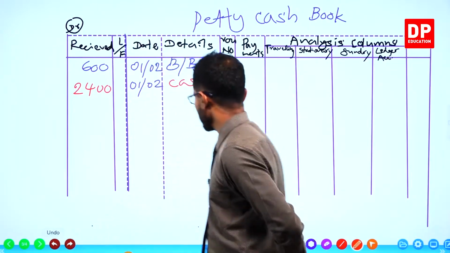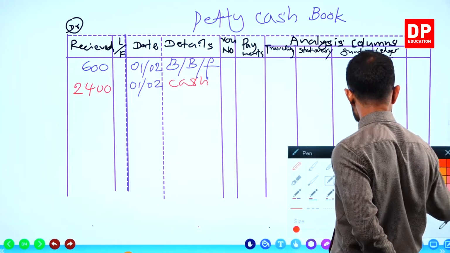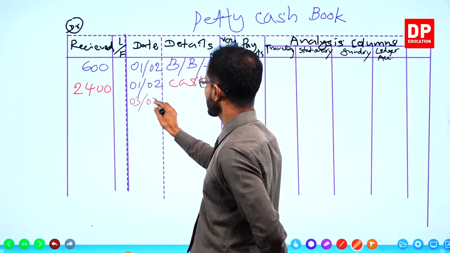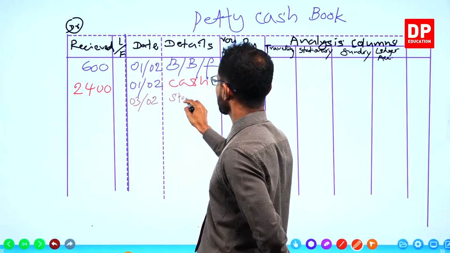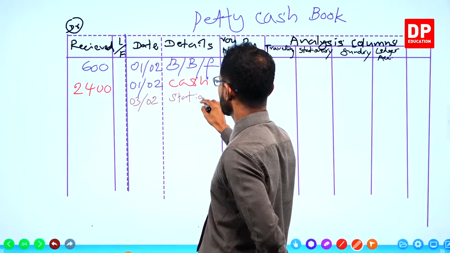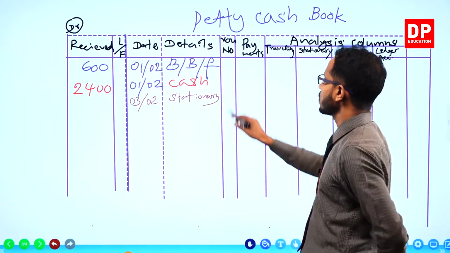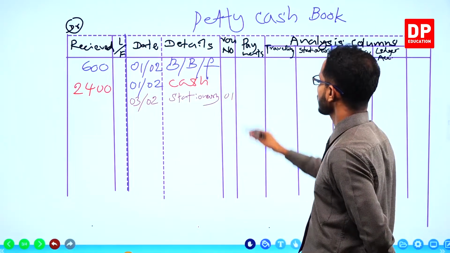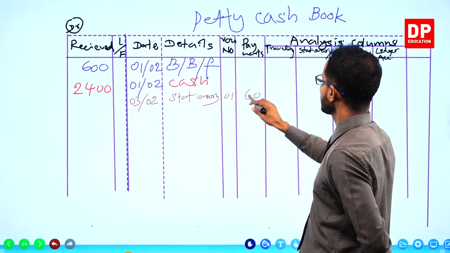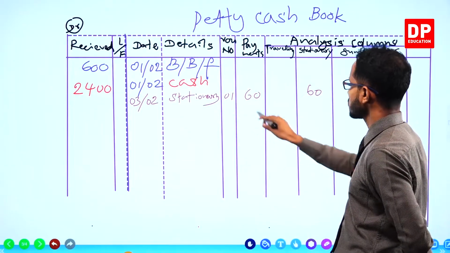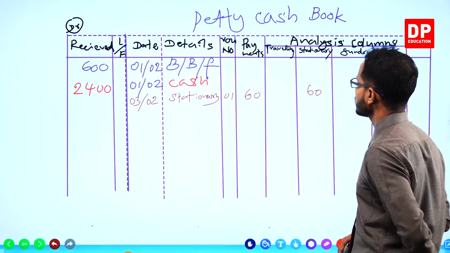Shall we use another color? 3rd February, stationery, voucher number 160, and it should go to the stationery column, which is the relevant column. Stationery column 60. All right.